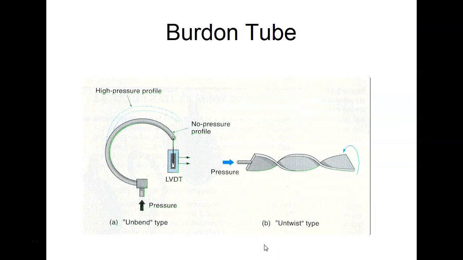Of course, if we wanted to go to electronics, some way we would measure the displacement. This example is using an LVDT. An LVDT, remember, works off AC. Y'all remember that? Yes.